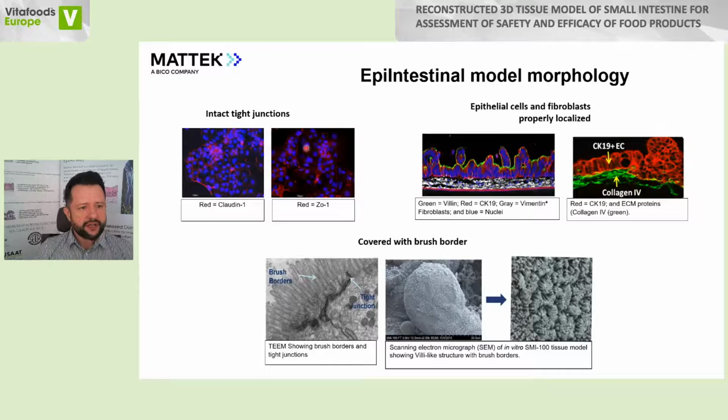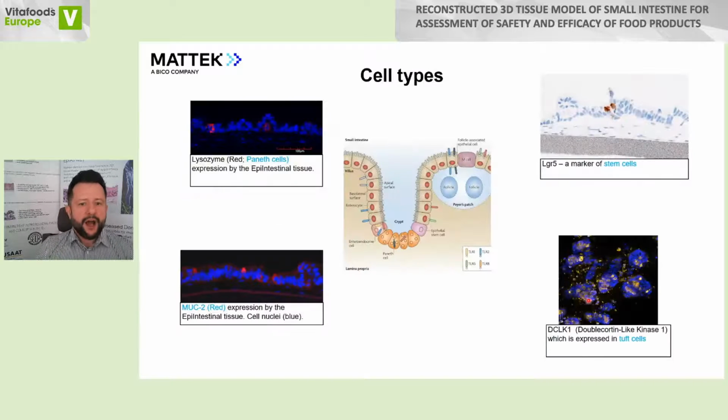You can see here that the tissue has intact tight junctions, even in the 3D morphology. And here on the bottom of the slide, you can see some electron microscope images showing the tight junction, which I mentioned before, the brush border. Here is one of the villi-like structures covered by the brush border, which is detailed here on the right.